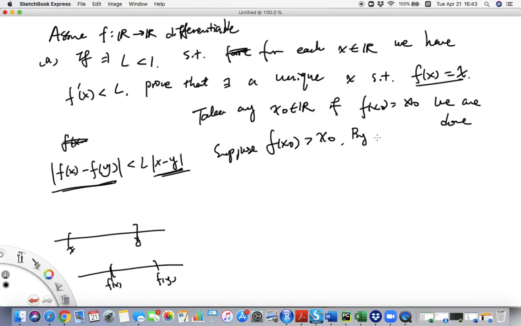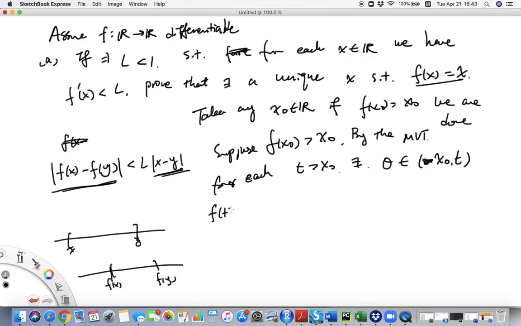Then by the mean value theorem, for each t greater than x0, there exists a theta in this interval with f of t equal to f of x0 plus f prime of theta times t minus x0.